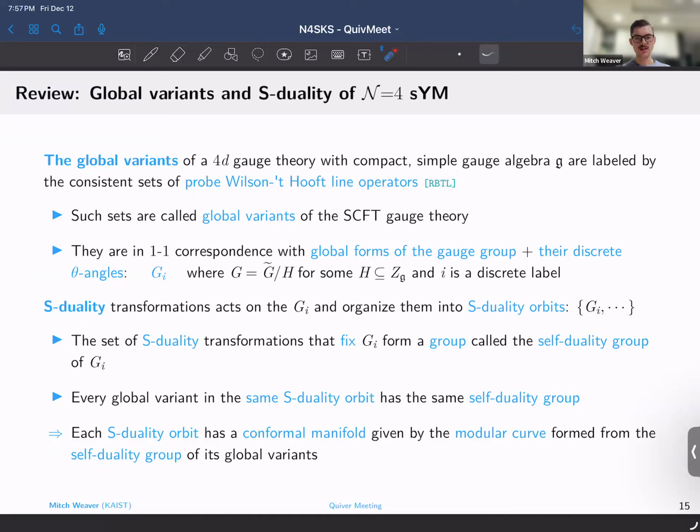Every global variant in the same S-duality orbit will necessarily have the same self-duality group. Furthermore, each S-duality orbit has an associated conformal manifold, which is given by the modular curve formed from the self-duality group of the global variants that are related by S-duality transformations.